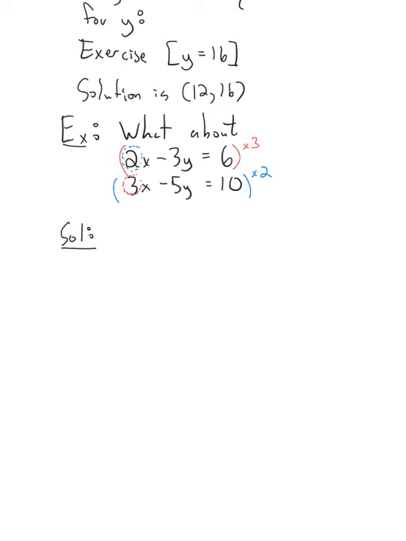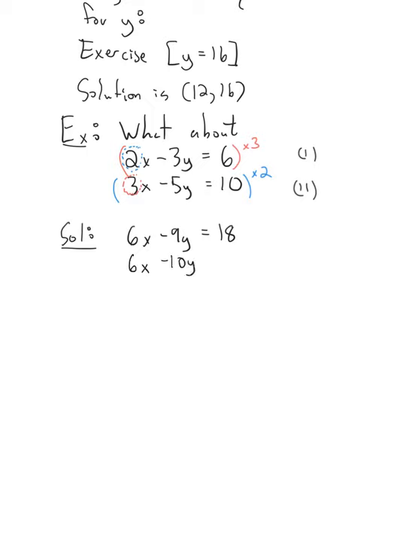So let's go ahead. Let's do this. This is 1 and 2. So 2x times 3 is 6x. Minus 3y times 3 is minus 9y. And 6 times 3 is 18. Similarly, 2 times 3x is 6x. 2 times negative 5y is negative 10y.